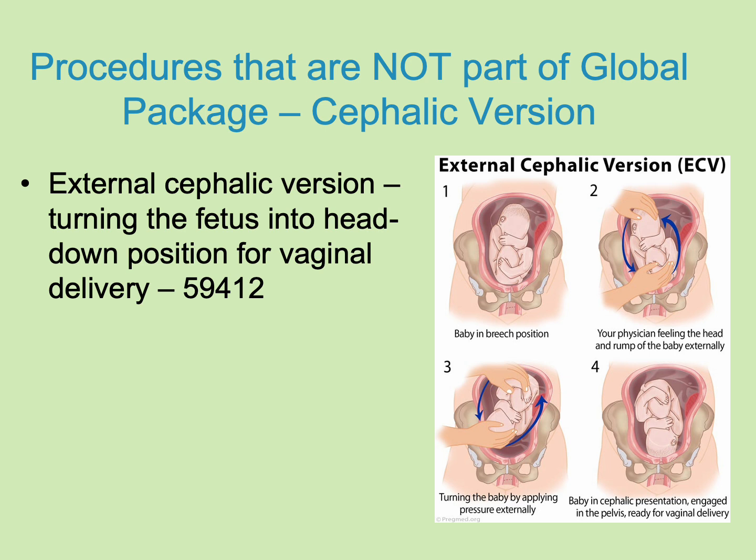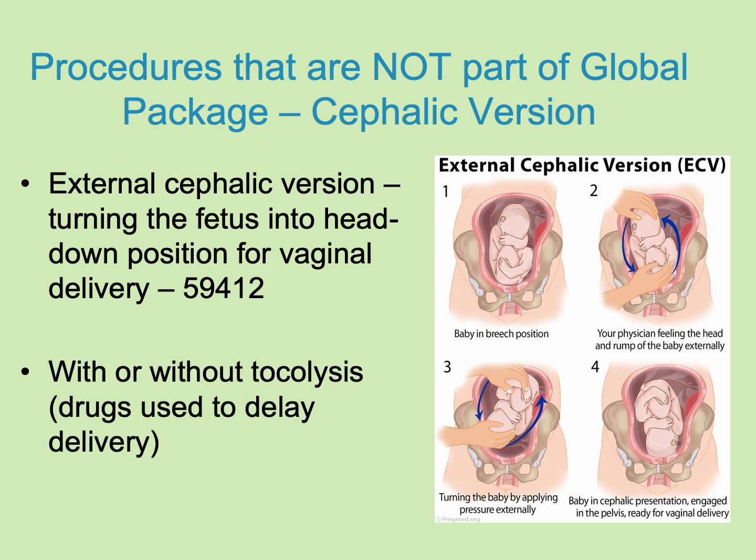You want it to go head first instead of butt first, or shoulder first, or whatever, so they don't have to do a cesarean. It's much better for the baby and for the mother, for sure. With or without drugs.